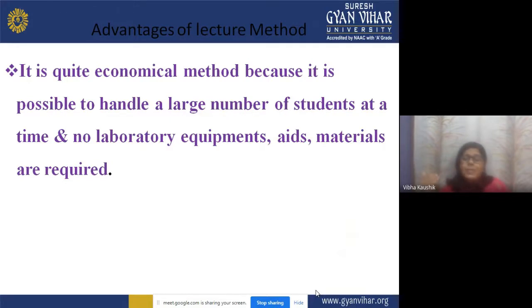What it means is that when a teacher is teaching with the help of the lecture method, he can teach a large number of students at a particular time, and no laboratory equipment. You do not require any labs for it. Aids, any audio aids, materials and other materials are required to teach the students.